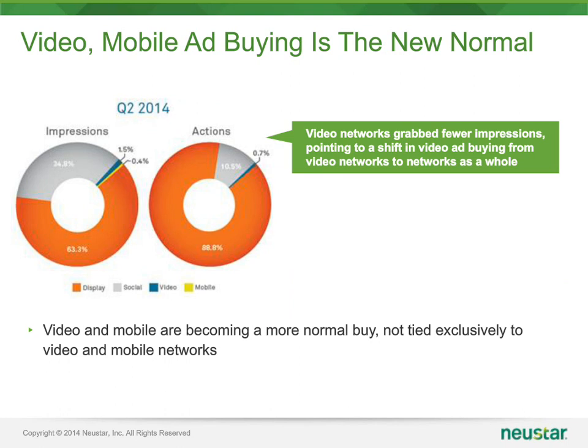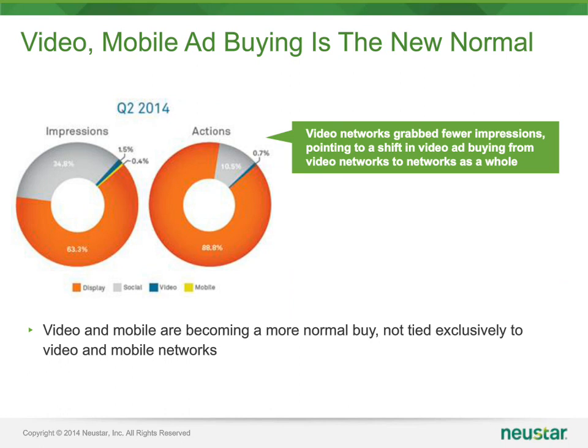We've also seen a lot of success driving incremental reach and efficiency, leveraging social platforms just from our own data analysis. Now, while video and mobile appear to be a smaller piece of the pie within this chart, that's more a result of partner selection than a shift away from these channels.